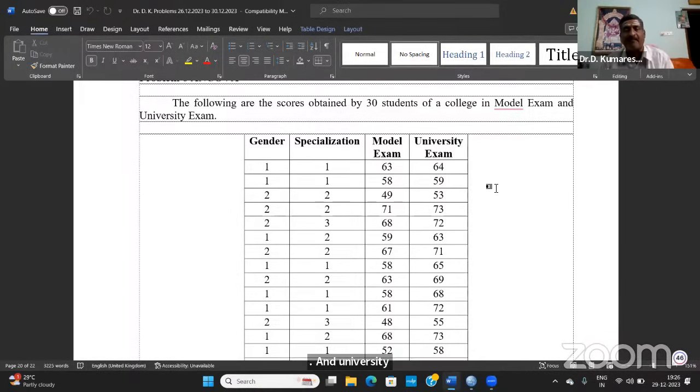For what purpose is the model exam conducted? The model exam is conducted to help the students prepare for the university exam.